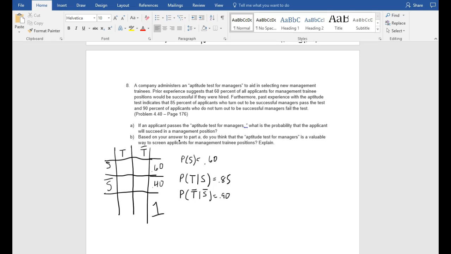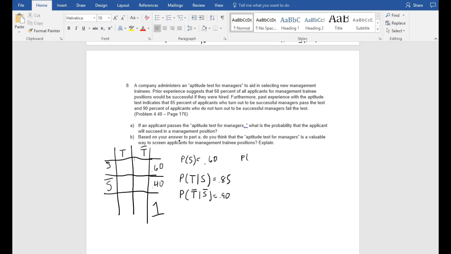So now we have down in the table all that we know. The next step is to use our conditional probability formula in both cases to find out what the rest of the table is. Before we even look at questions A and B, we want to complete this whole table, get it out of the way, and then answer the questions posed to us, because then we'll have all of the information in front of us.